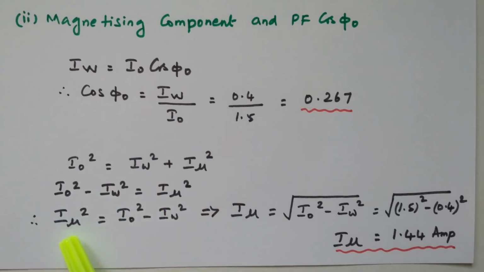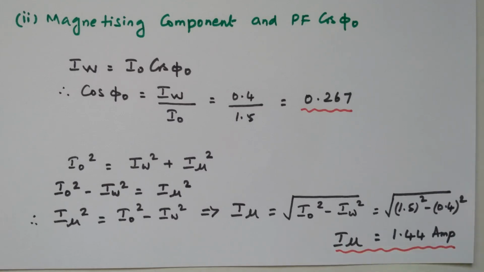By taking the square root on both sides, I mu equal to square root of I naught square minus IW square. Substituting I naught as 1.5 ampere and IW as 0.4 ampere and simplifying, we got 1.44 ampere as the magnetizing component.